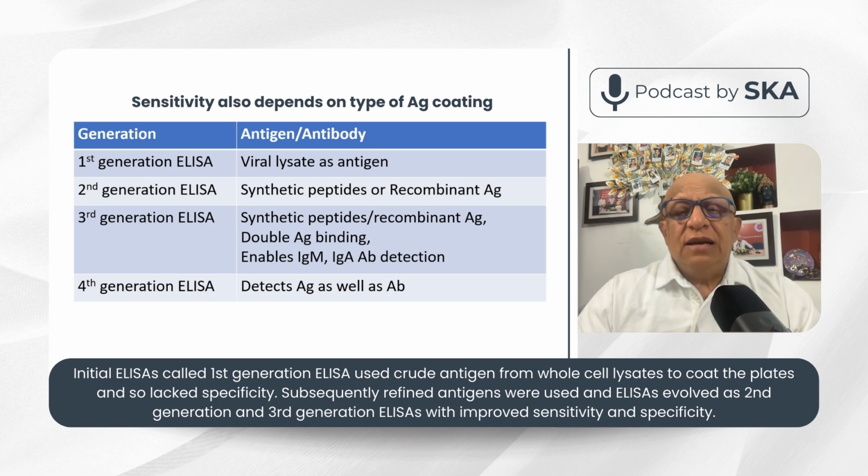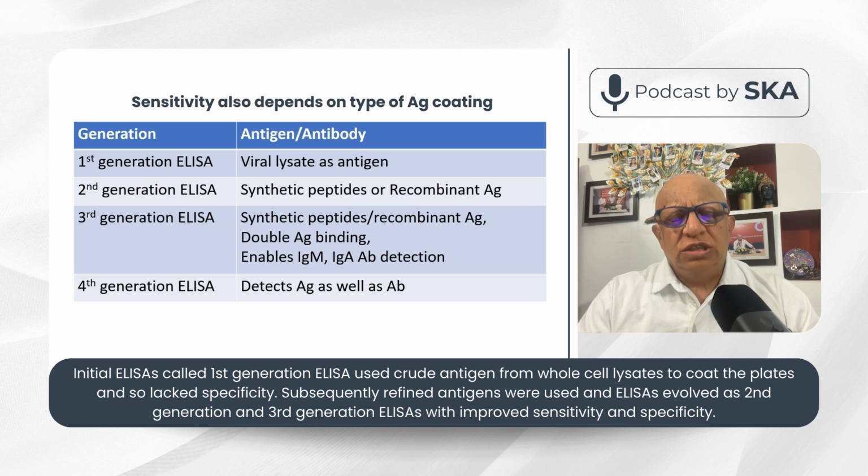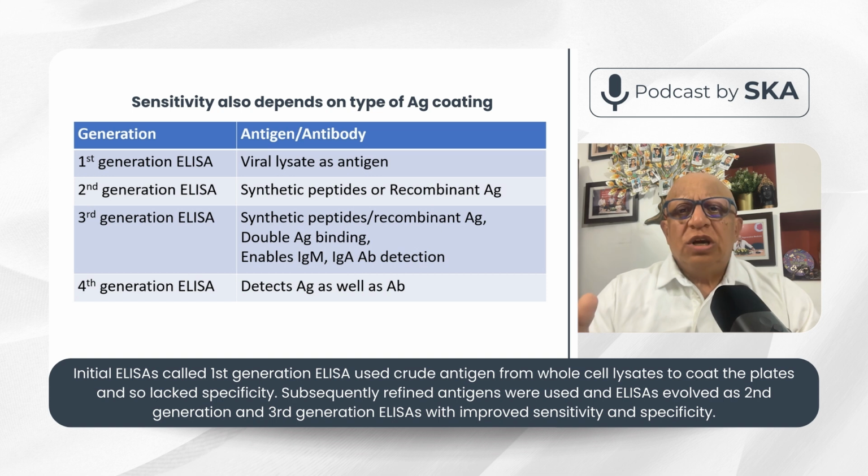And then in order to improve the specificity, when technological advancements were also made in recombinant DNA technology, people understood how to identify specific antigens which are more immunogenic in an organism.